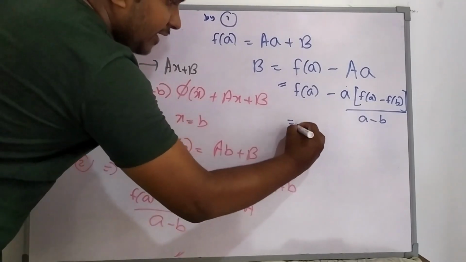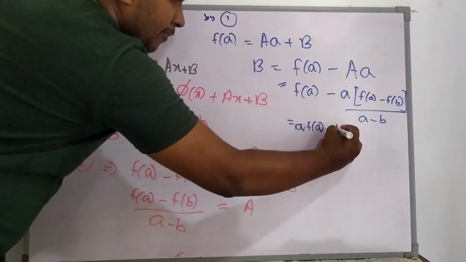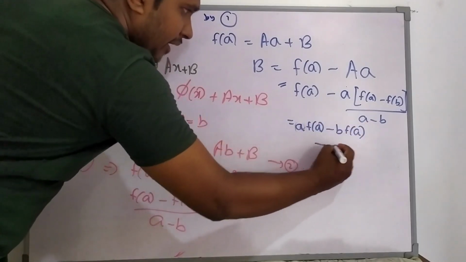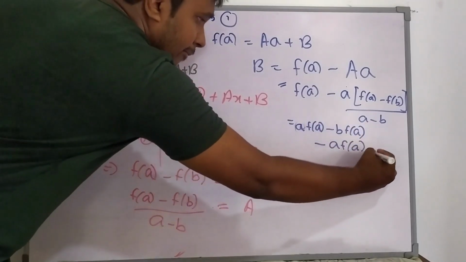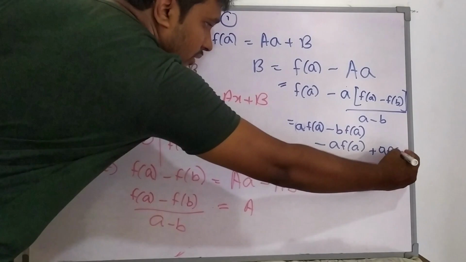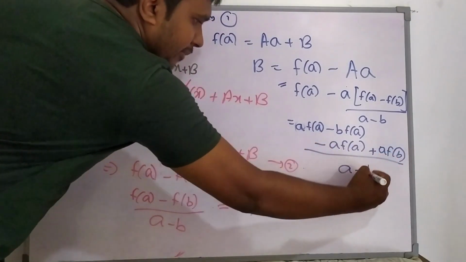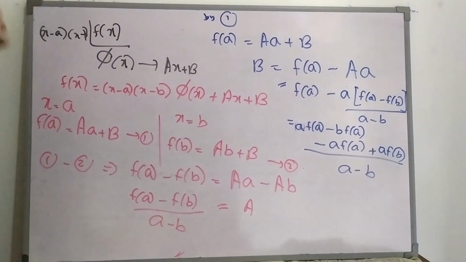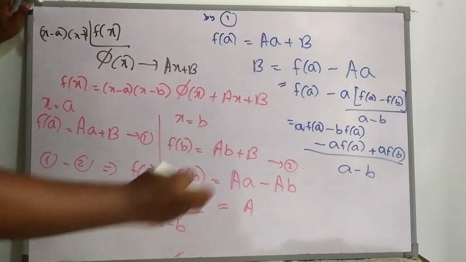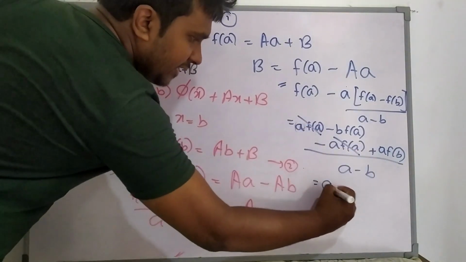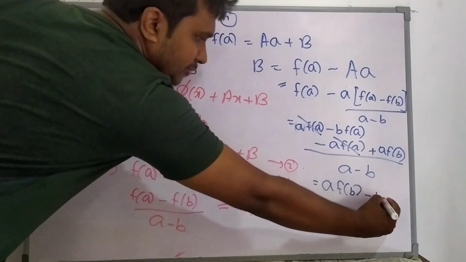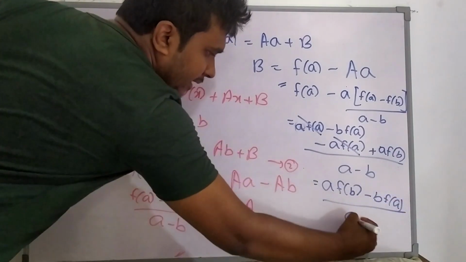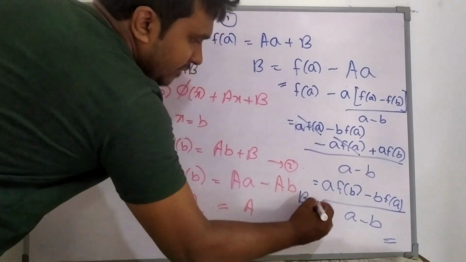So I'm just multiplying a minus b by f(a): it's a f(a) minus b f(a) minus a f(a) plus a f(b), over a minus b. Which terms get cancelled? a f(a) cancels. So it's a f(b) minus b f(a) over a minus b. So this is my capital B.